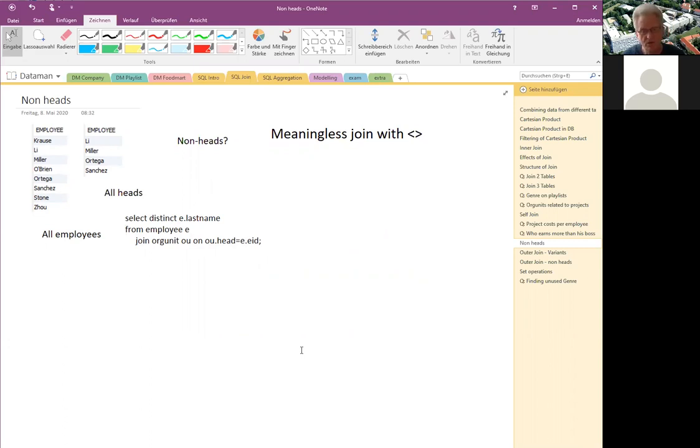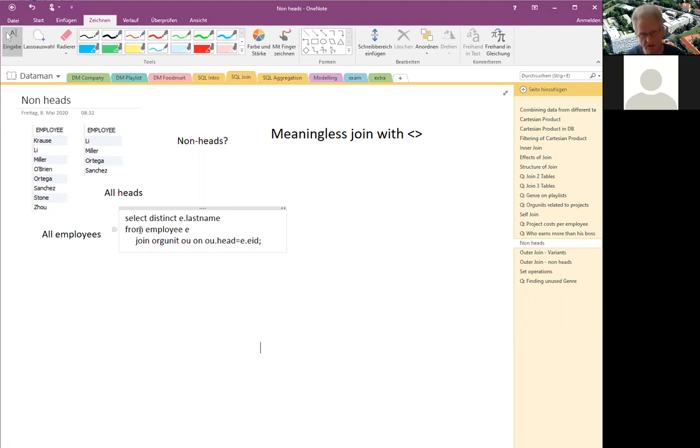So if we are now trying to figure out who are the employees that are not head, one might consider to just change the join condition from equal to non-equal.